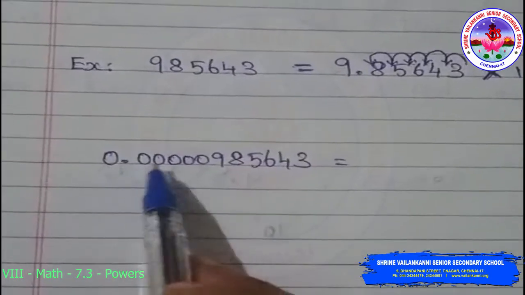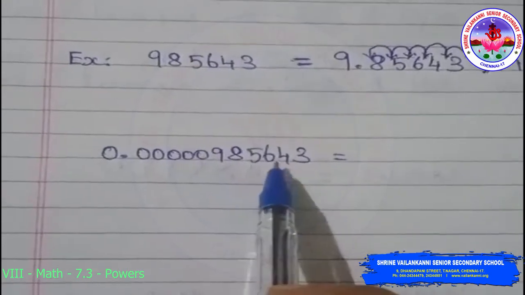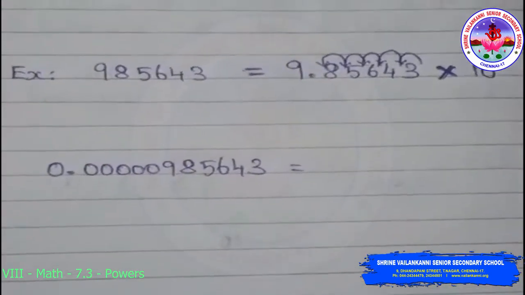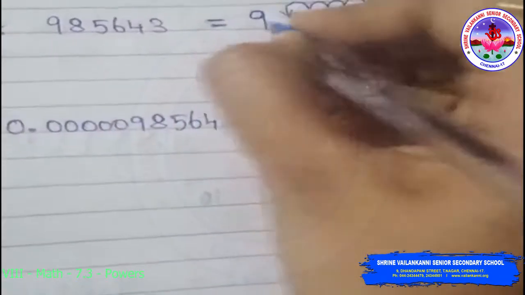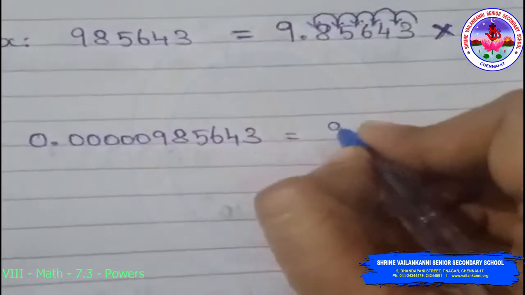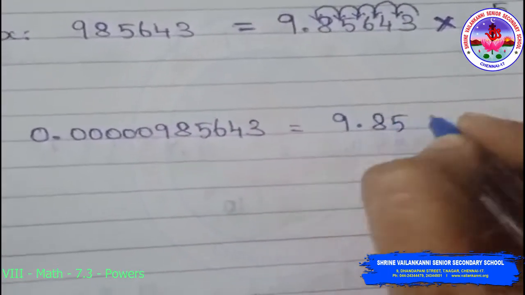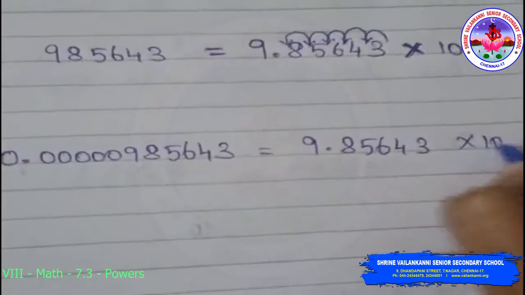Example: 0.0000098563. Now using the first procedure, we point the decimal after the first non-zero number. The non-zero number is 9. So 9.8563. The second procedure is times 10 to the power of.